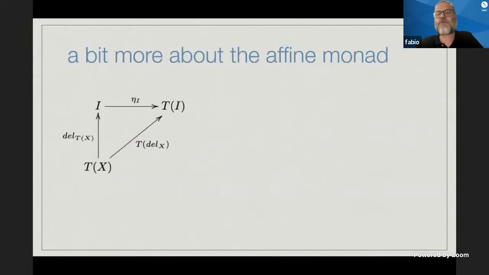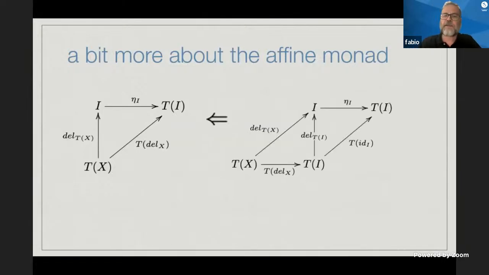So, this is the requirement for the affine monad that I gave. Clearly, if the diagram on the right commutes, also the one on the left commutes, for all x, of course. The fact is that if we are in a Cartesian or Markov category, also the reverse is true, because this triangle here always holds in Markov categories, because the identity is terminal.